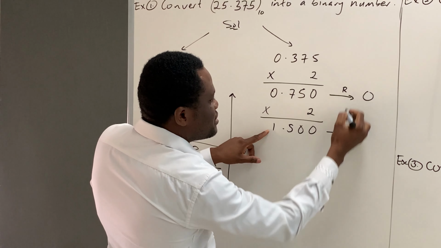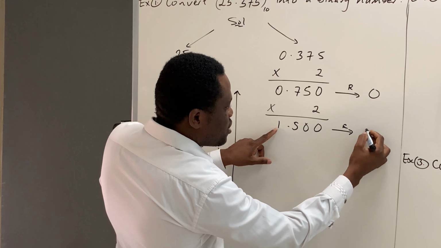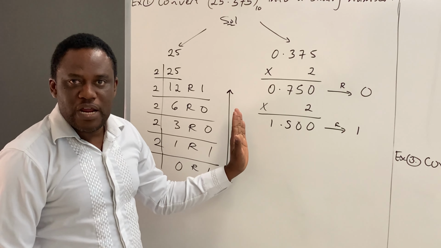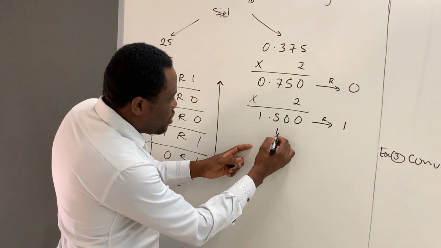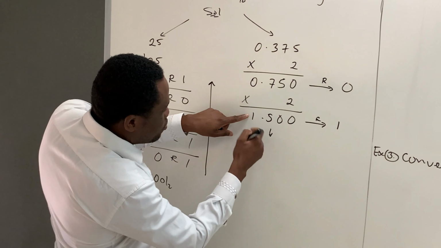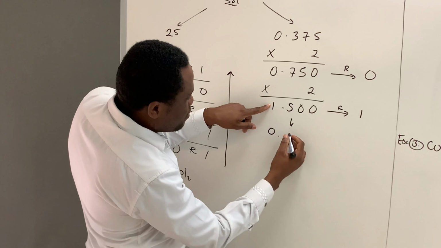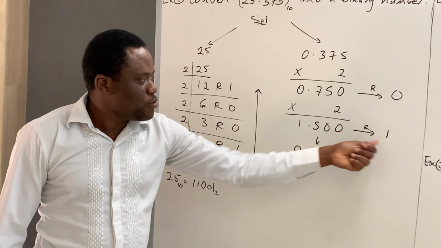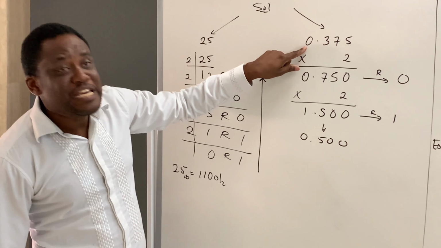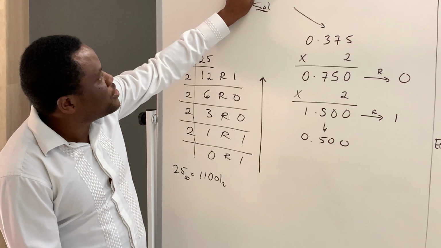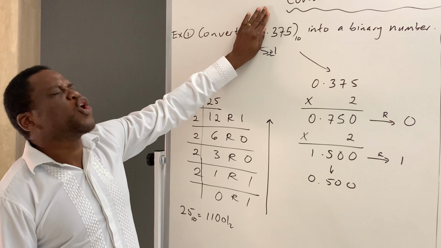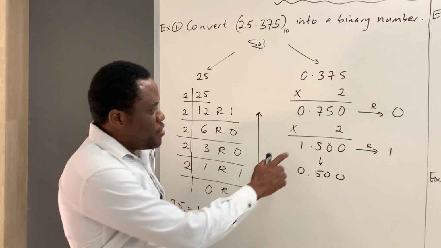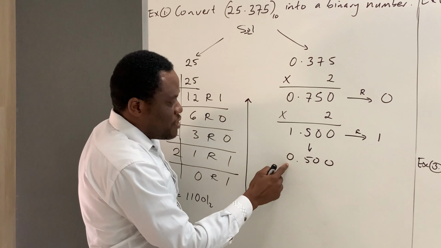So the remainder is here. The remainder of here is what? 1. After the decimal, anything that comes out is what we write out. So what is left here now is what? Is 0, because we have taken 1 out. After the decimal, it must be 0, because we have finished it. Anything that comes after the decimal is returned to 0. So if this one goes outside, what is left is 0.